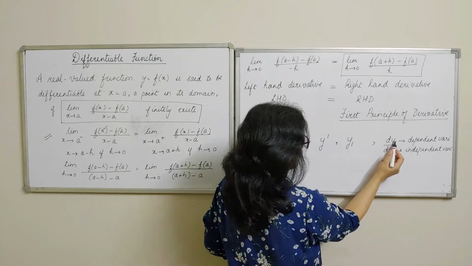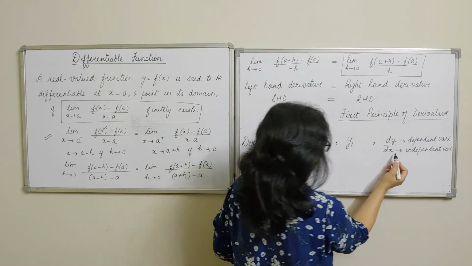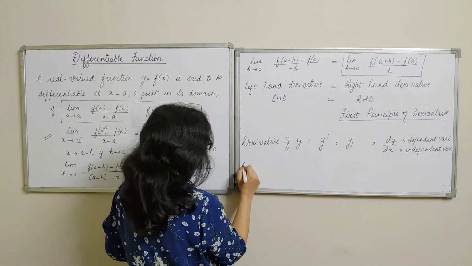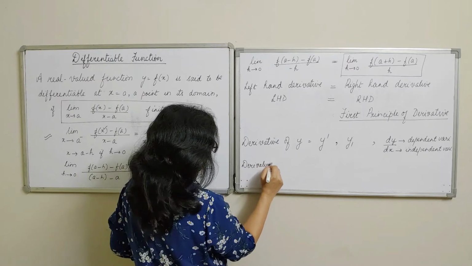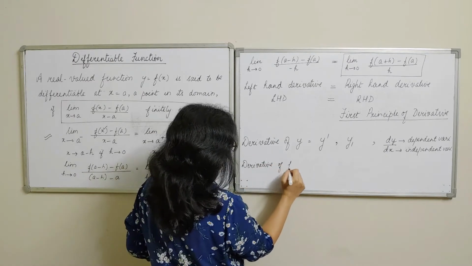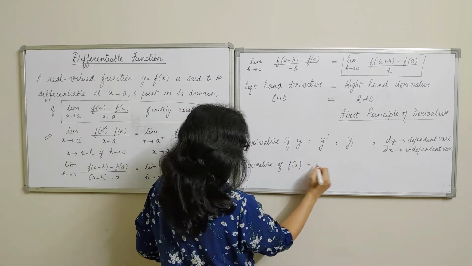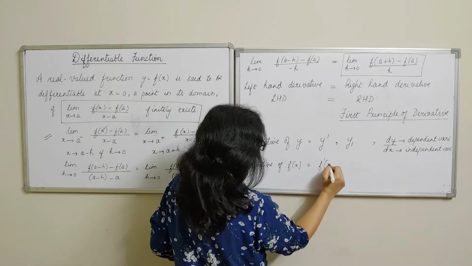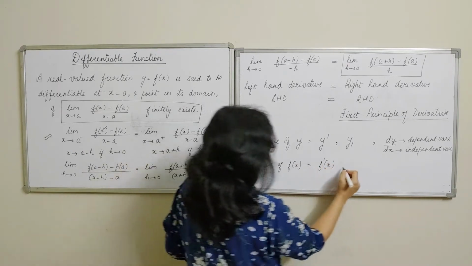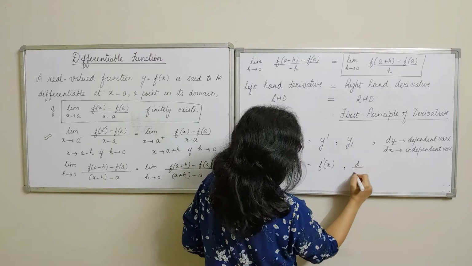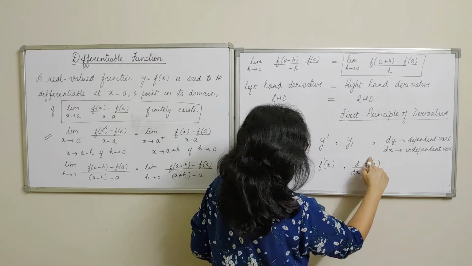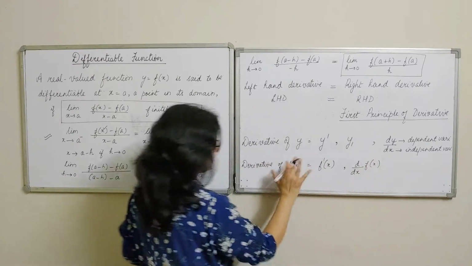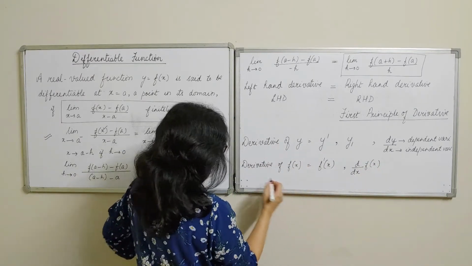So the dependent variable is differentiated with respect to the independent variable. Now y can also be represented by f(x). So if we want to write the derivative of f(x), we can write it as f dash x. We can also write it as d by dx of f(x). These are ways of writing down the derivatives.